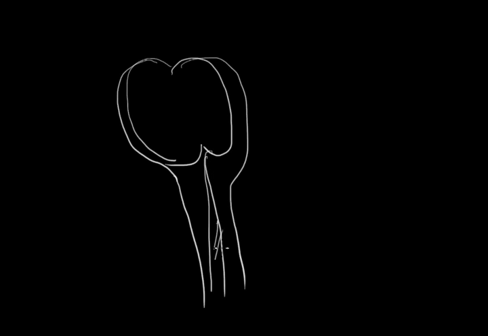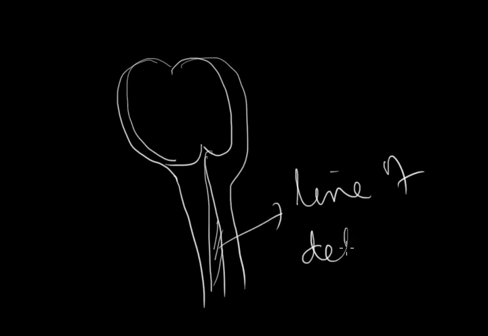Regarding microsporogenesis, the pollen is formed within a bilobulated pollen sac. This pollen sac is supported by a line of dehiscence.